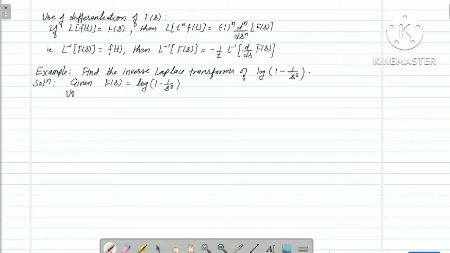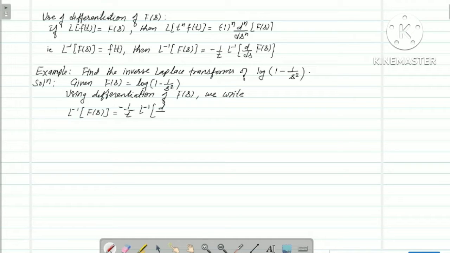So using differentiation of the function F of s, we write L inverse of F of s is equal to negative of 1 upon t, L inverse of d by ds F of s.